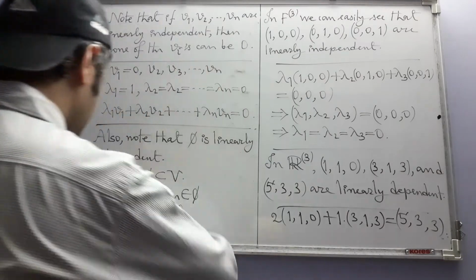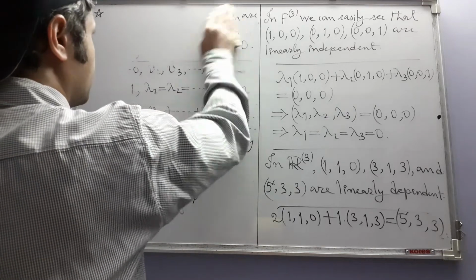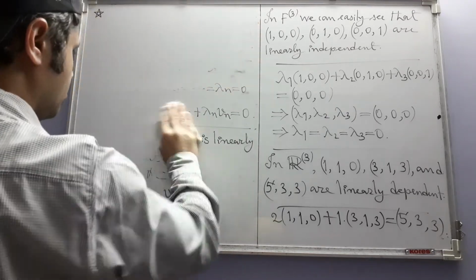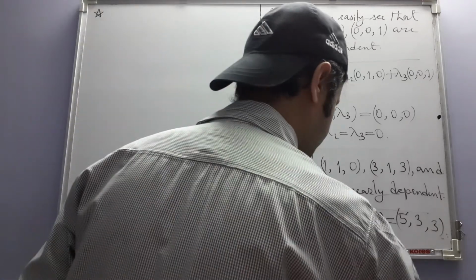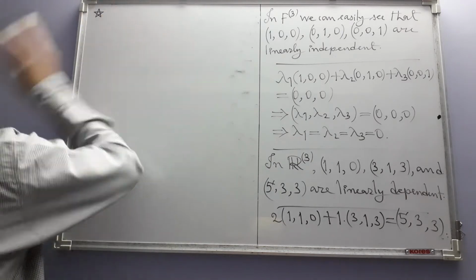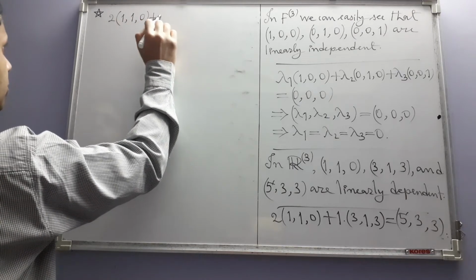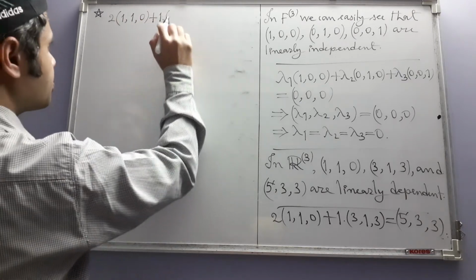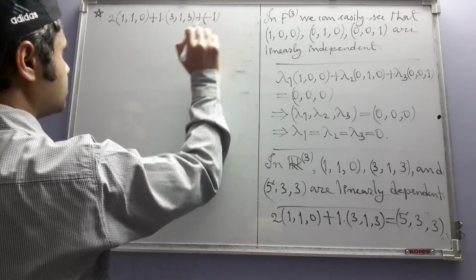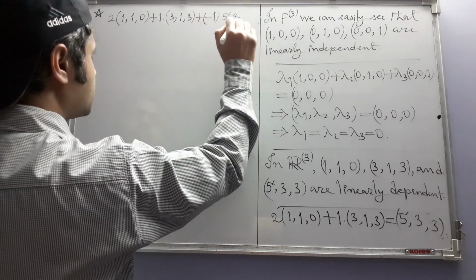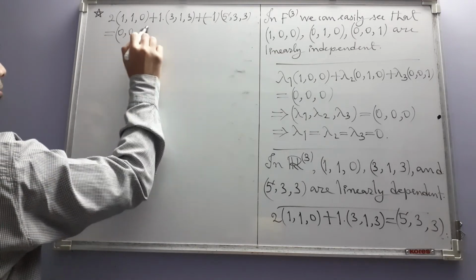So that means in this case two times (1, 1, 0) plus 1 times (3, 1, 3) plus minus 1 times (5, 3, 3) is equal to the 0 vector in the space.